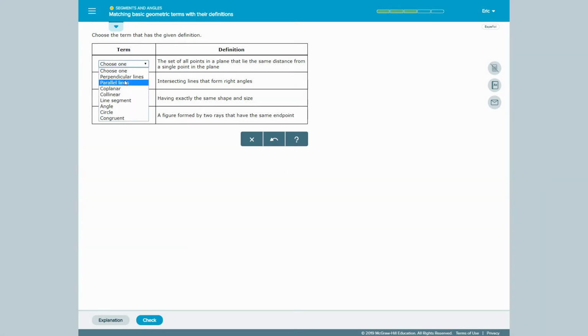So, we have perpendicular lines. There's way more to it than what I'm going to say. I'm going to give the easy definition. Perpendicular lines are two lines that cross and they form right angles.